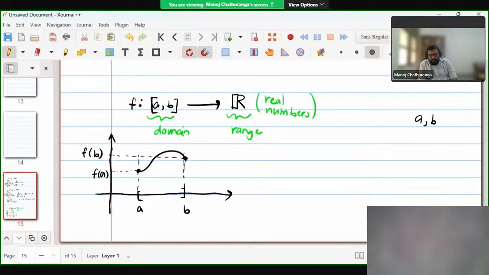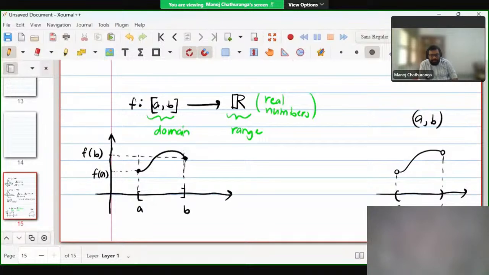But this would be different for the open interval AB. If the function is defined on the open interval, that does not include endpoints, we'll see two holes. This is what happens for a function defined on an open interval.